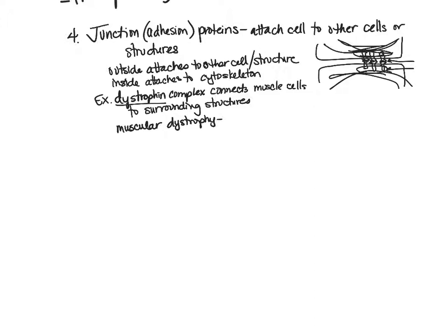Then the last type of membrane protein that we're going to talk about are transport proteins. Our transport proteins are going to provide an opening to let molecules in and out of the cell.